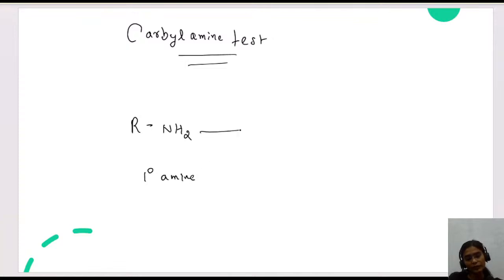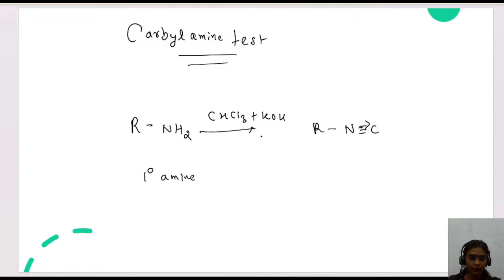This test is given positive by primary amines only. If a primary amine is treated with chloroform plus some base, let's say KOH, it converts into an isocyanide, so you can say carbylamine as well. That's why the name of the test is the carbylamine test. This was the last topic of the previous class.